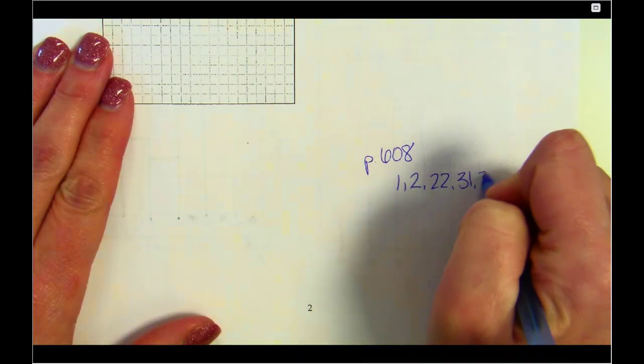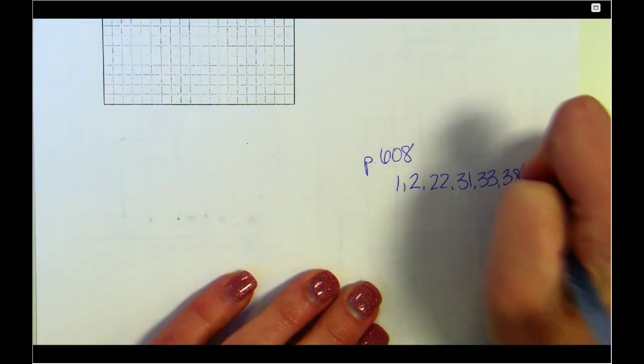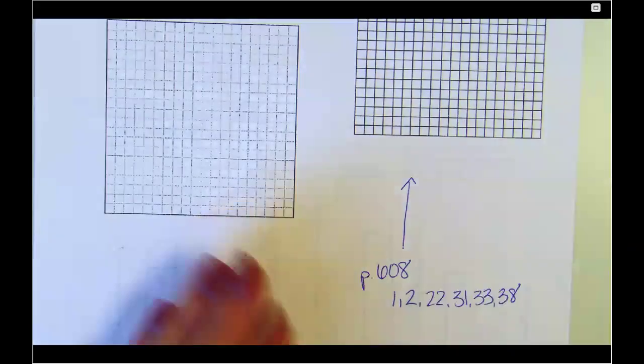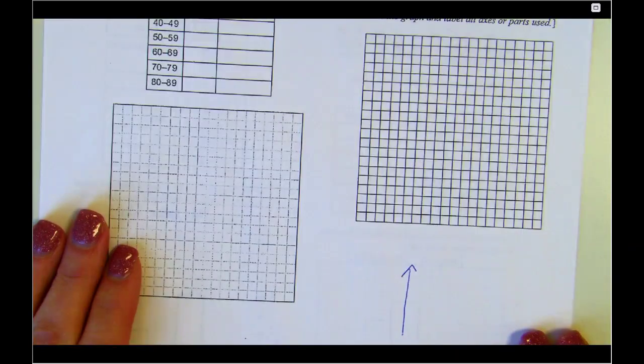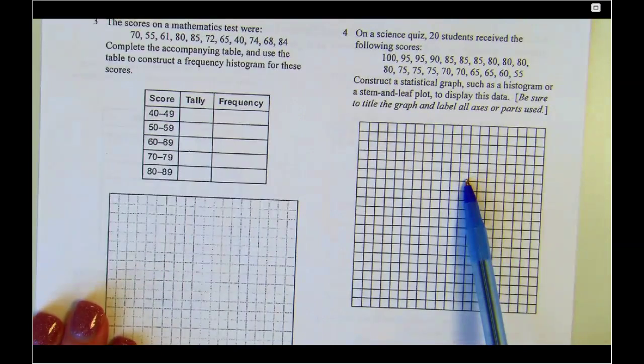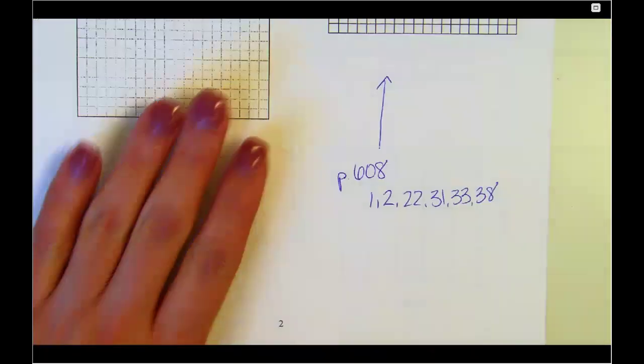This is your homework, but I'm going to say this, number 4 on this paper is extra credit. Okay? Number 4 on this paper is extra credit.